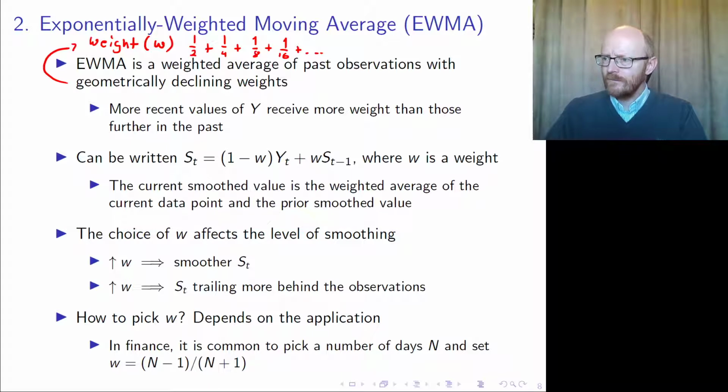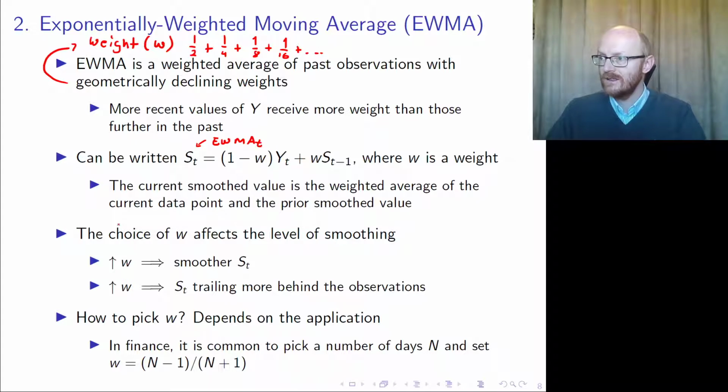And this exponentially weighted moving average can be written as the exponentially weighted moving average for time t.